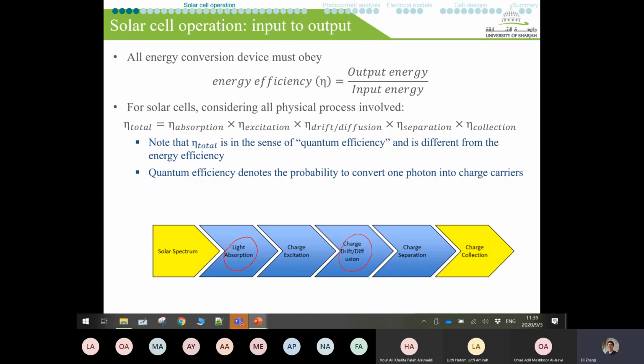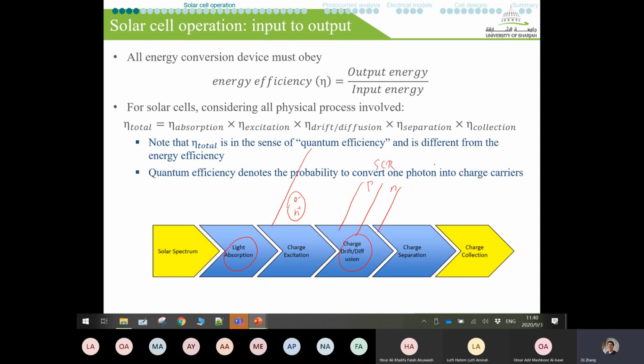For one thing, we mentioned the drift and the diffusion for the electron and hole pair. Once you have an electron and hole pair, remember that they have to diffuse to the p-n junction interface, to the space charge region.